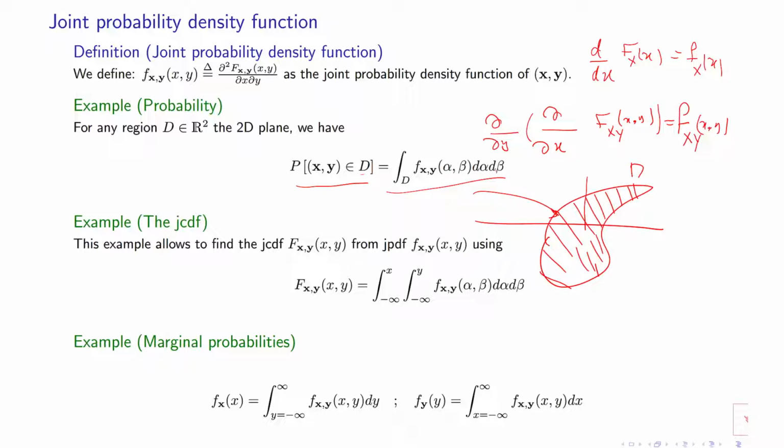Another example is if this area D is simply the area where, let's say, this point is x and this is y, on the right side of this line, this probability can be calculated. So this second example is trivial. The first one we want to justify.